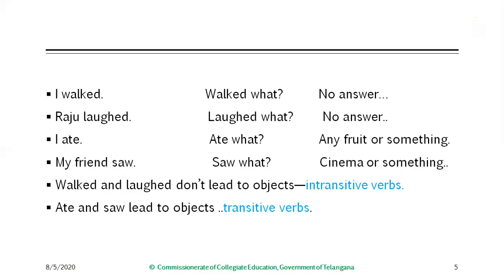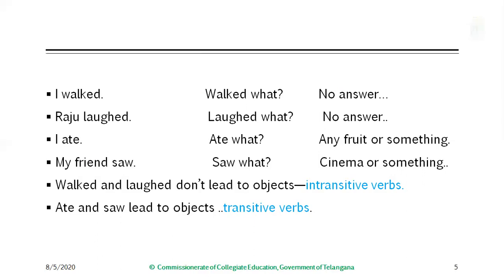In the same way, my friend saw. What did my friend see? He could see a movie, a serial, or a cricket match, or something else. So this sentence also needs an object here. These two sentences run into the objects.